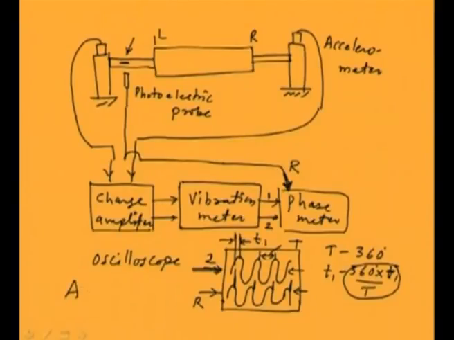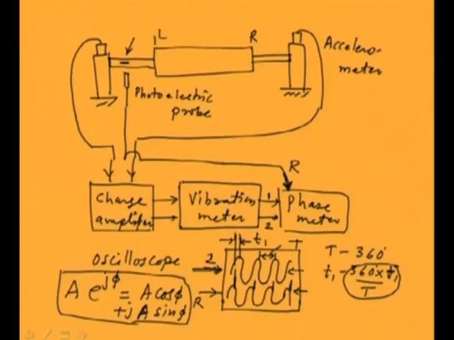Because we have vibration magnitude and phase, we can express the quantity in a vector form like this, if we have amplitude and phase, this will be A cos phi plus j A sin phi. So like this we can express the quantity in a complex form.